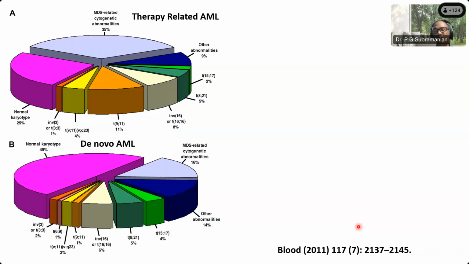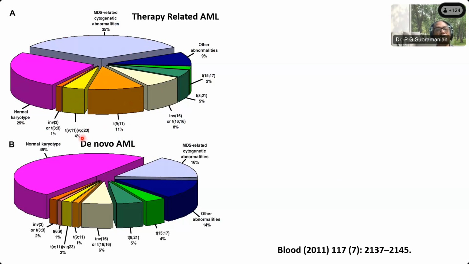So this is therapy related AML. Most of it will have this MLL rearrangement. This is from a large series. So this is for de novo AML. In therapy related AML, you will have either MDS related cytogenetic abnormalities, or you will have this T9;11, which is a huge chunk of this, or this MLL variant.